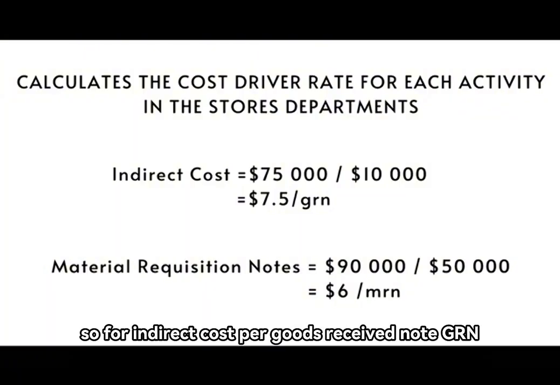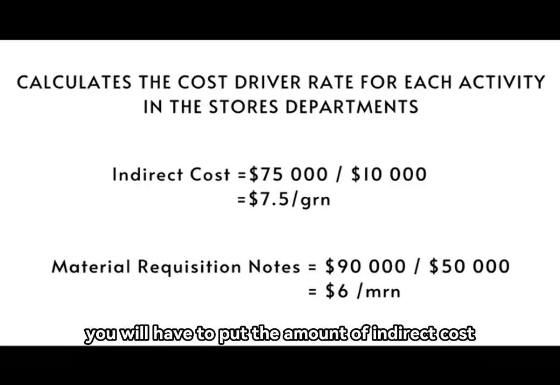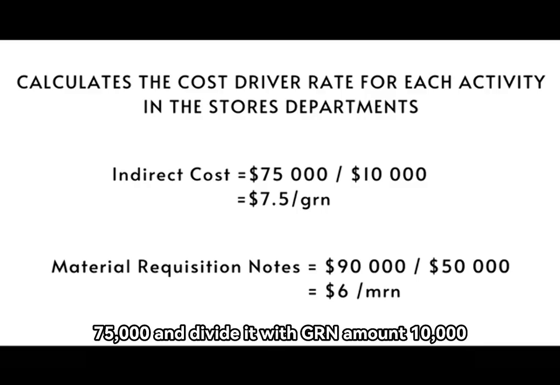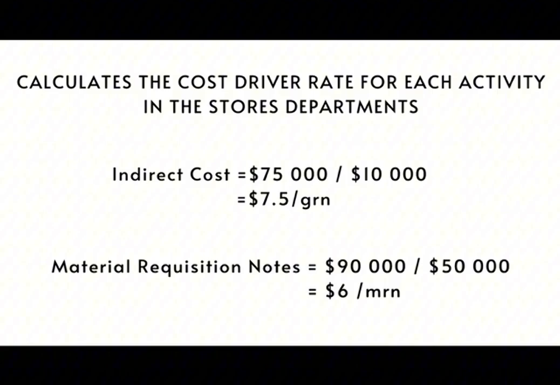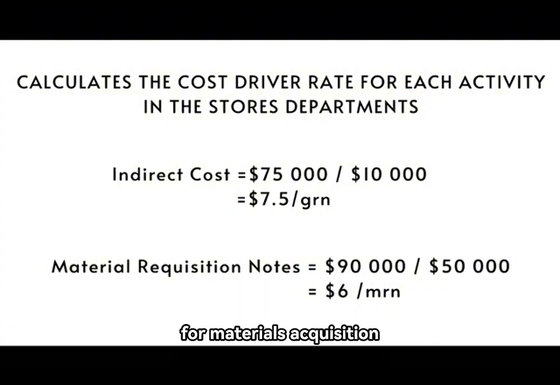So for indirect costs per goods received note, GRN, you take the indirect costs, 75,000, and divide it by the GRN amount, 10,000, and you will get $7.50 per GRN. The same goes for the indirect cost for materials issuing, and you will get $6 per MR.